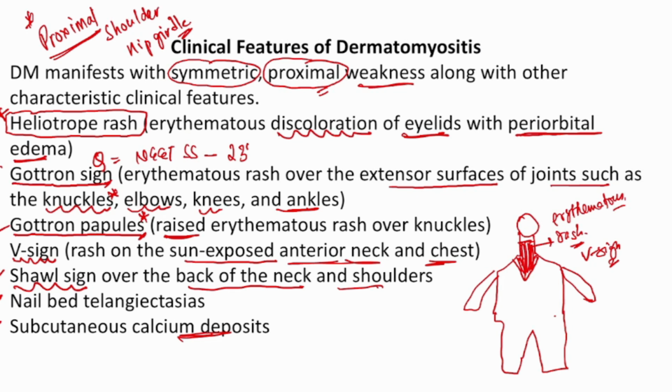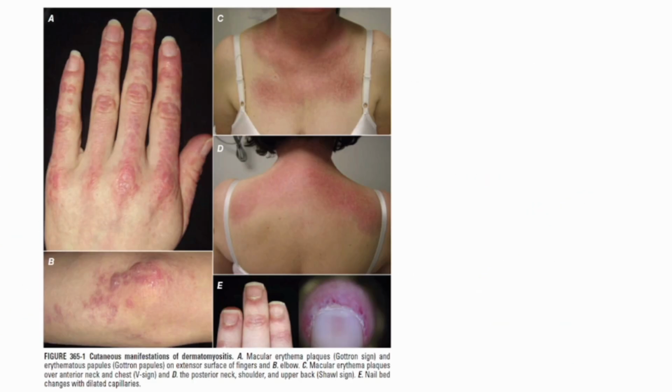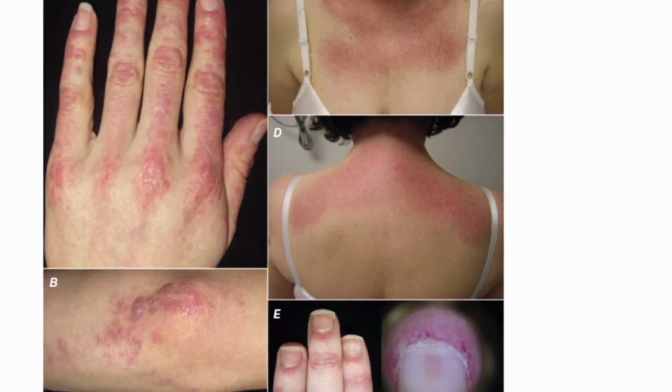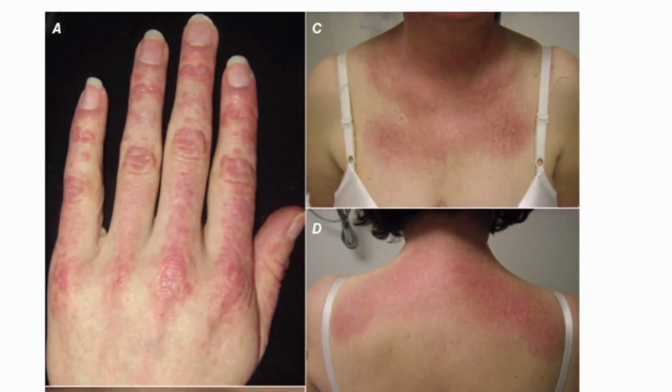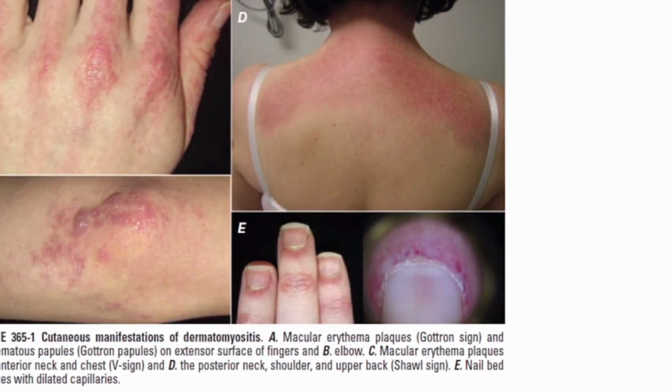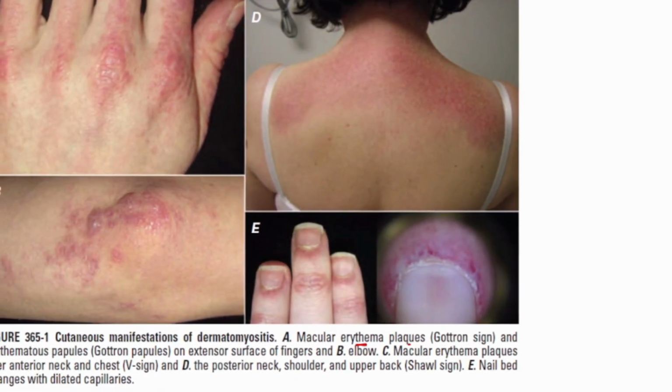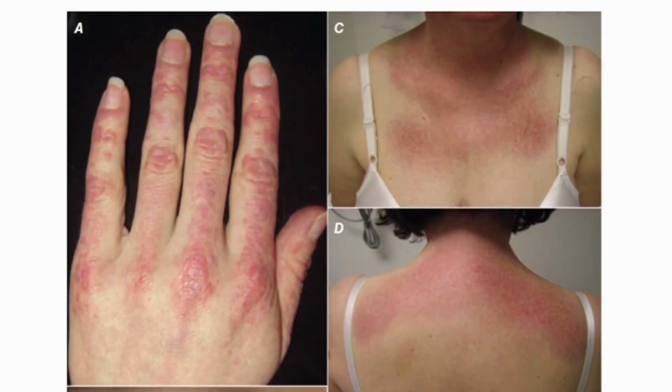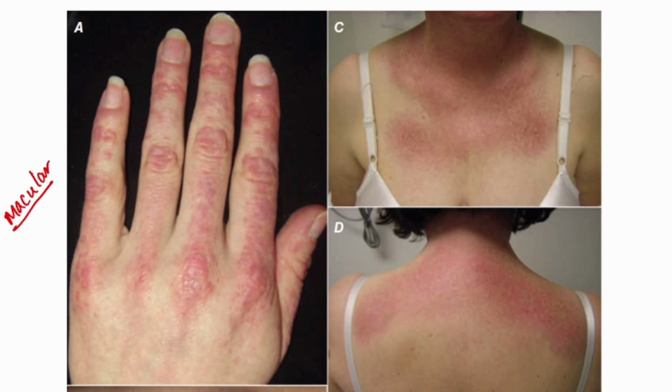With the help of images, if we see, these are particular images depicting the signs of dermatomyositis. First is the macular erythema and plaques, Gottron sign. This is the macular erythema only. Macular means it is not raised.